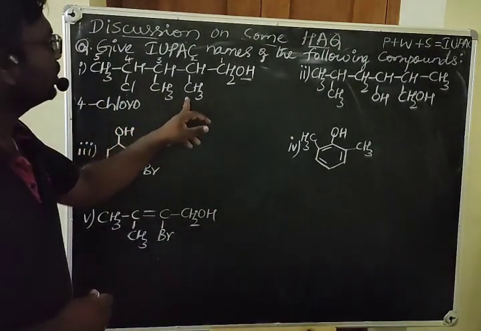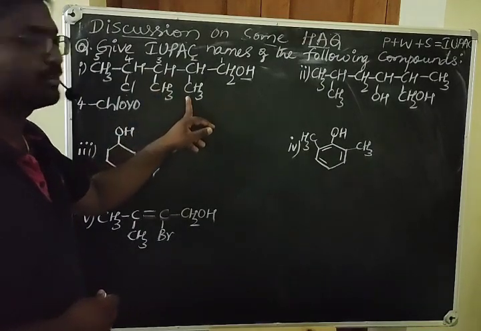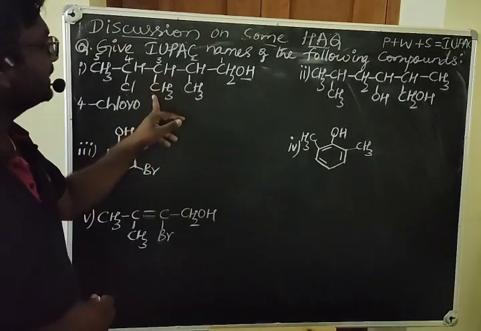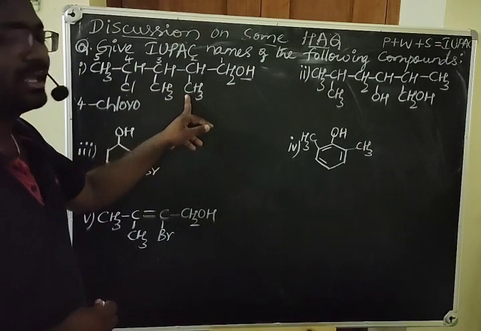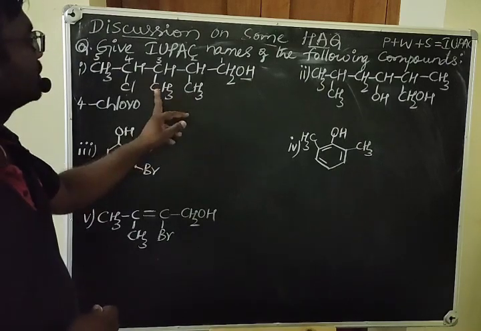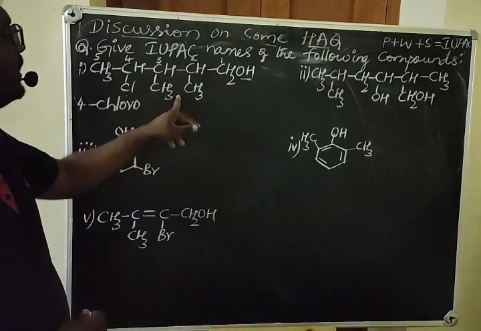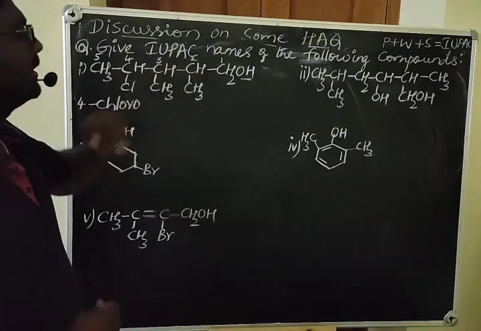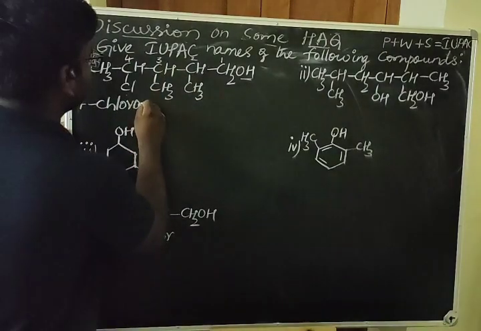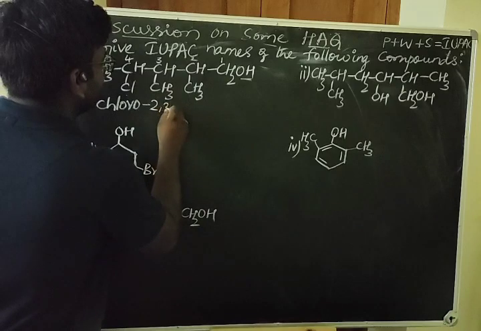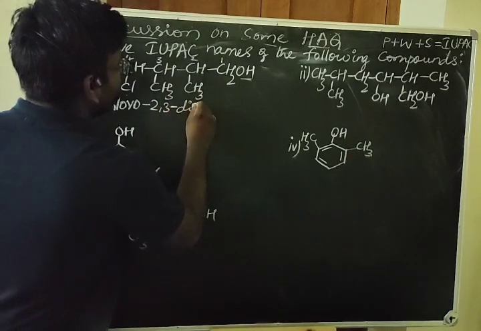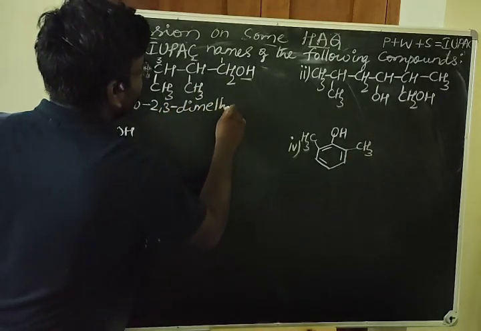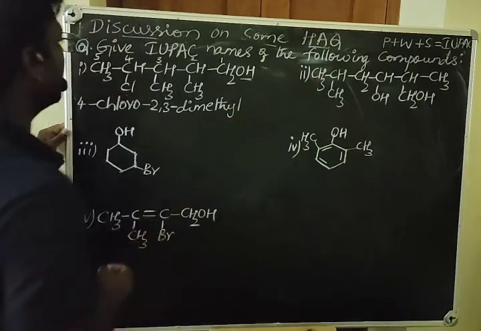Next there are two similar groups present, so we have to take di, because two groups are there. What are their positions? 2 and 3. So we can write 2,3-dimethyl.